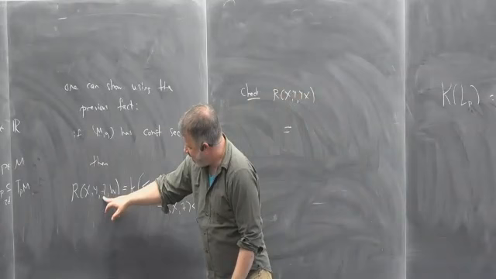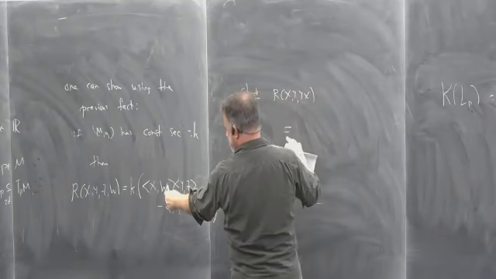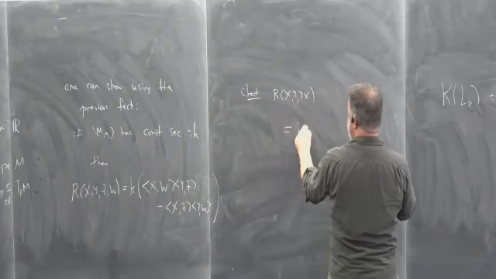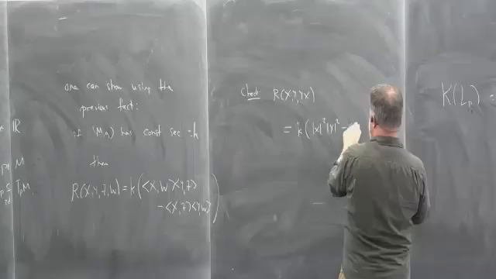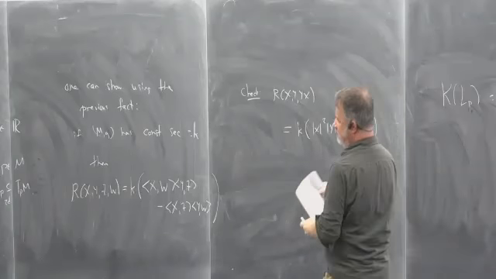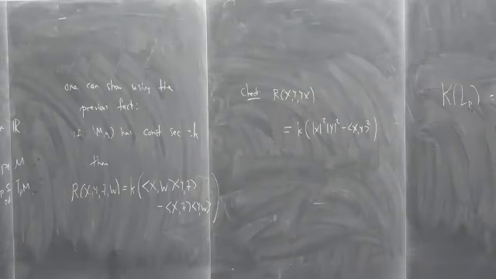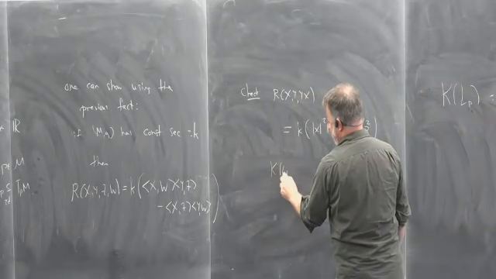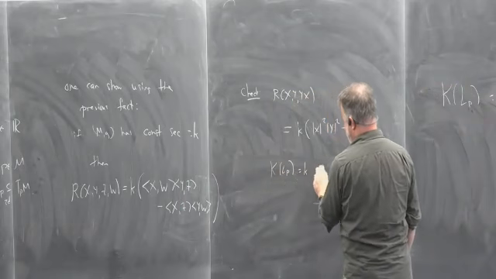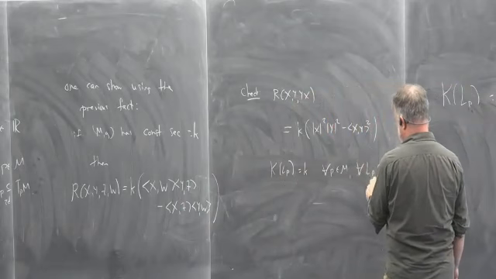So I'm going to let Z equal Y and W equal X. That means I get k times (|X|^2|Y|^2 minus <X, Y>^2). And then to compute the sectional curvature, I have to divide R(X, Y, Y, X) by that. So that tells me that K of the plane is little k for all p and for all planes.